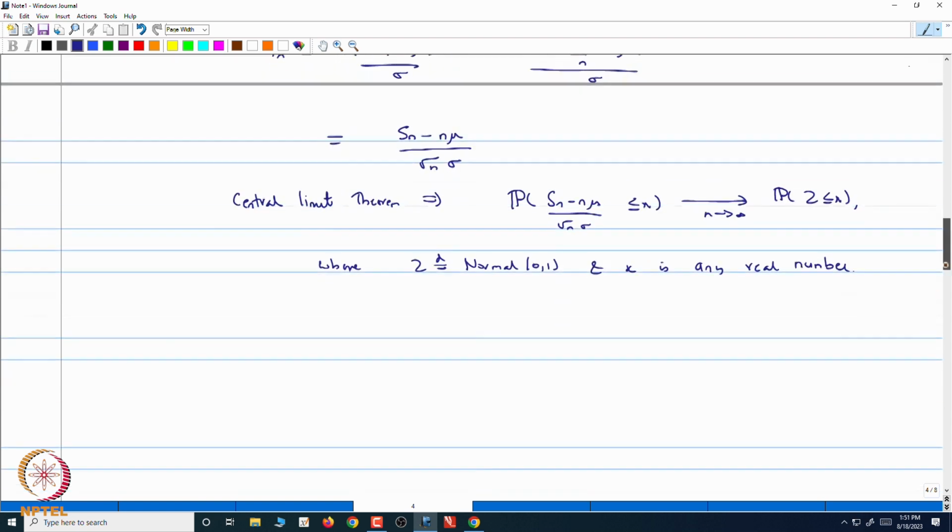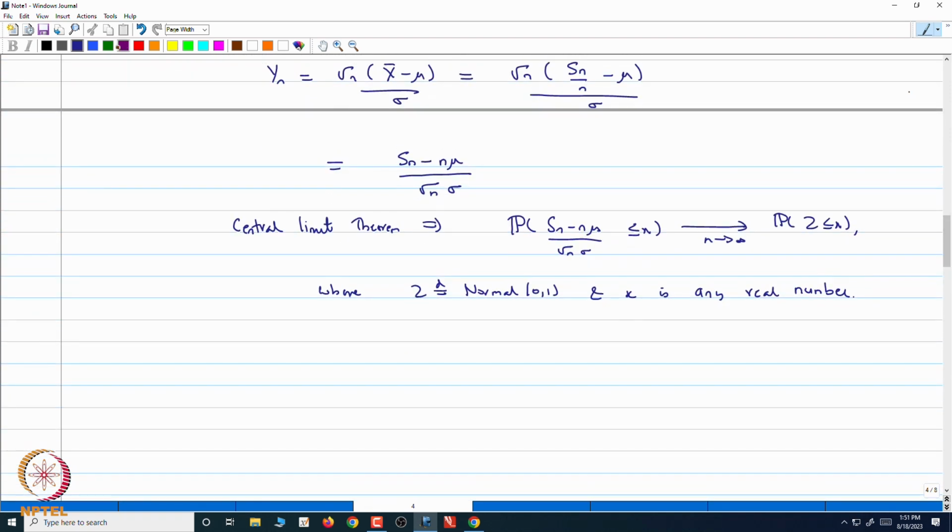That's the first two remarks. The third remark is the following. The CLT gives you how a specific statistic, that is the sample mean, converges to normal 0, 1. The above central limit theorem focuses on a specific statistic, that is X bar.